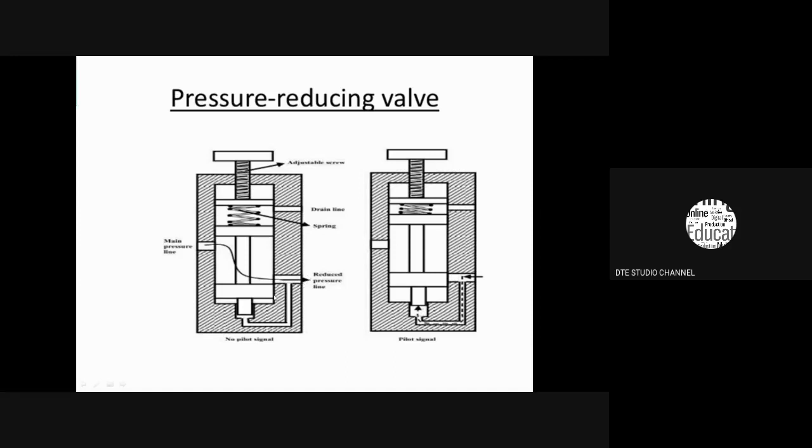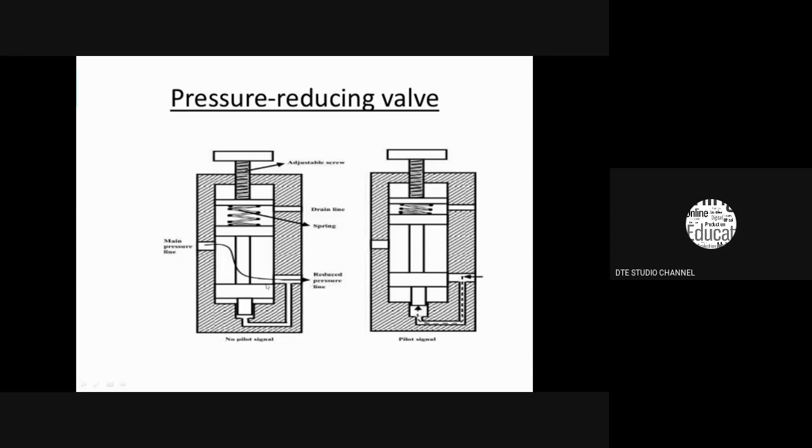This port is connected to the line. Here there is a pump, and at another end an actuator is there. Whenever at the outlet of the valve the pressure becomes high, the downstream pressure increases.